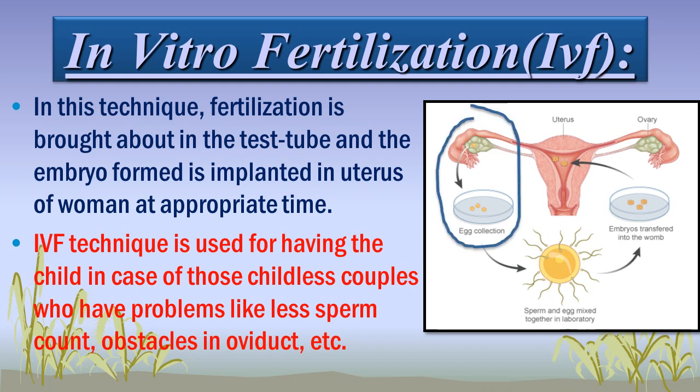Eggs are collected from a woman, and then the sperm and egg are mixed together in the laboratory. That means the egg is fertilized by the sperm in the laboratory, and then at an appropriate time the embryo is transferred into the womb, or the uterus, of the woman.